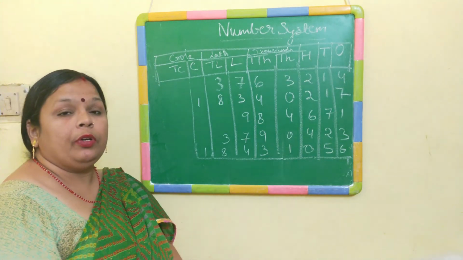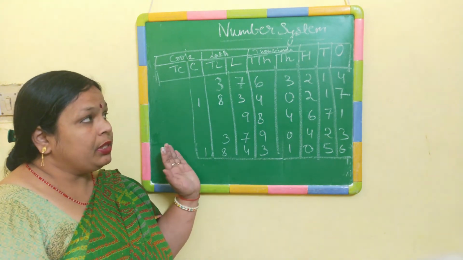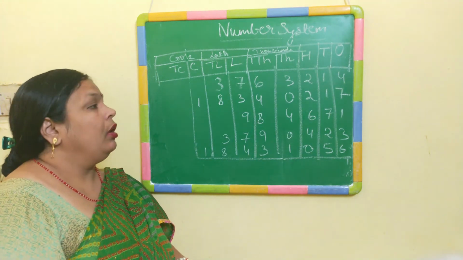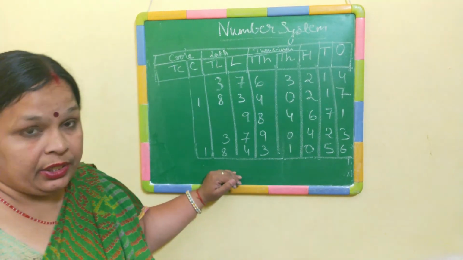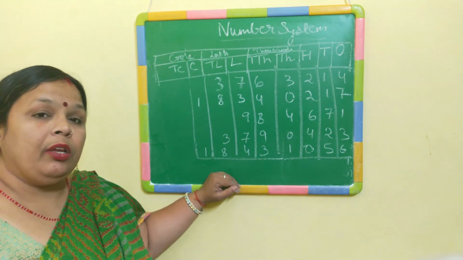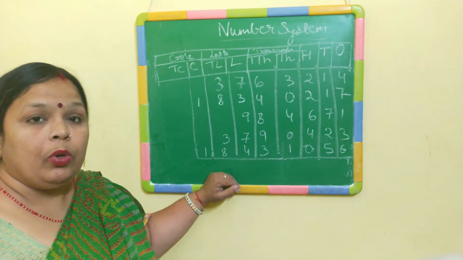So the example for arranging and comparing the numbers. Now once the numbers are placed just below the place values from the given question, we can first decide the position of the values and then we can arrange them in ascending or descending order as required. Now you all know what ascending order is.